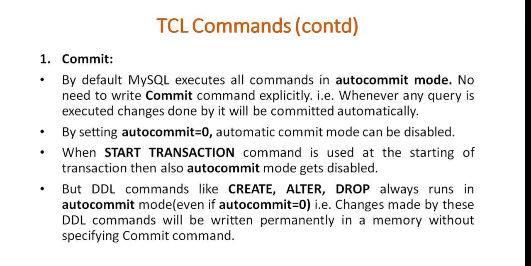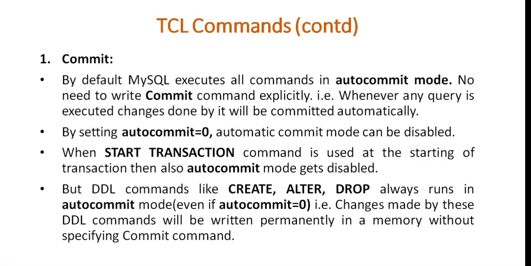But data definition language commands like create, alter, and drop always run in auto commit mode. That is, the changes done by these commands are written permanently in memory without specifying the commit command.